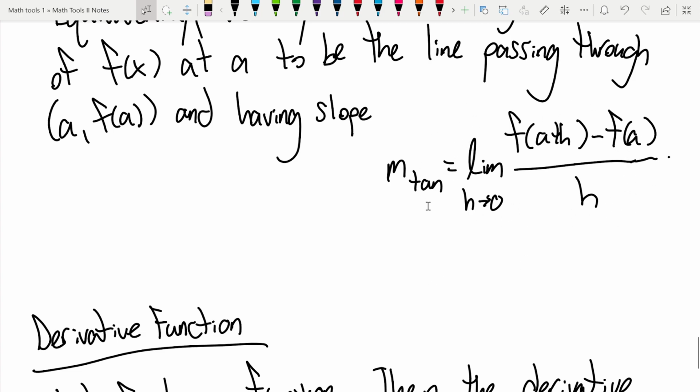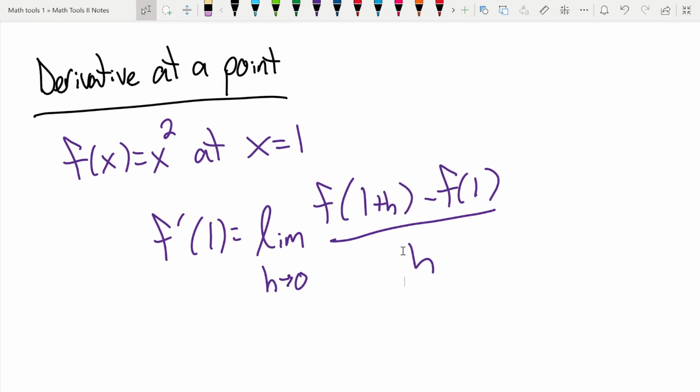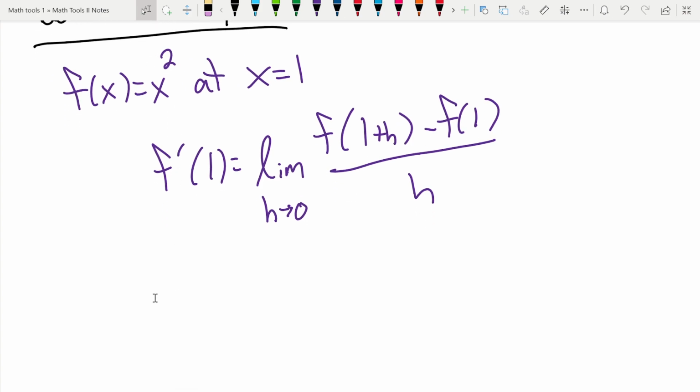The slope of the tangent line at that point. And of course, you could just find the derivative function at this point and then plug in 1. That would be fine too. But I just want to look at a more direct approach first.